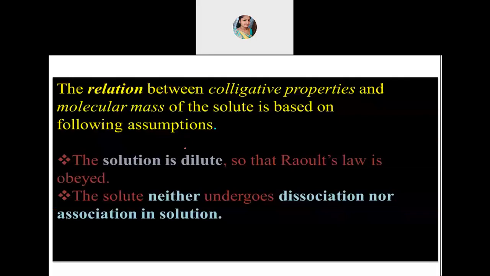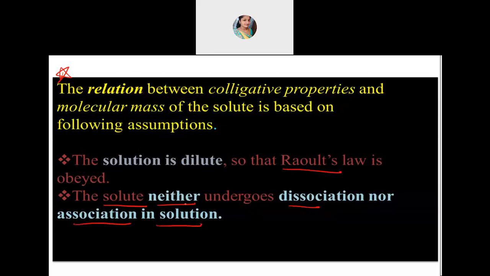And it differs because of the following. This also I'll just brief you through. In Raoult's law, the assumption made for colligative properties is that the solution should be a dilute solution, only then it will obey Raoult's law. And one more assumption is that the solute particles should neither undergo dissociation nor association.